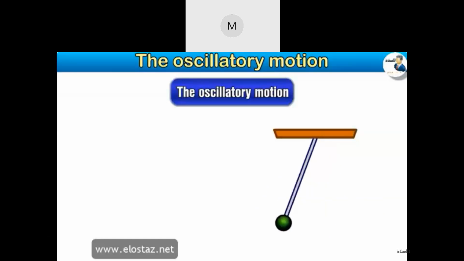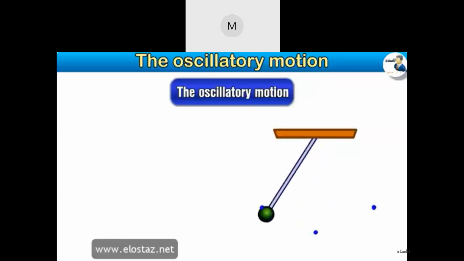We notice that the weight moves to the right and to the left at the sides of its rest position. If we record the time this pendulum takes to complete 10 movements, we will notice some properties of this oscillatory motion. What are these properties?